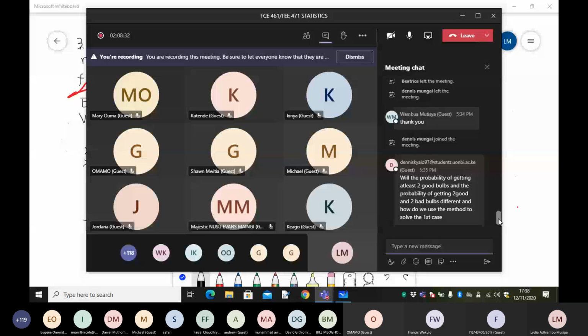Somebody's asking a very good question here: will the probability of getting at least 2 good bulbs and the probability of getting 2 good and 2 bad bulbs differ?